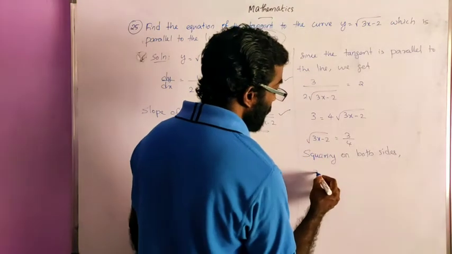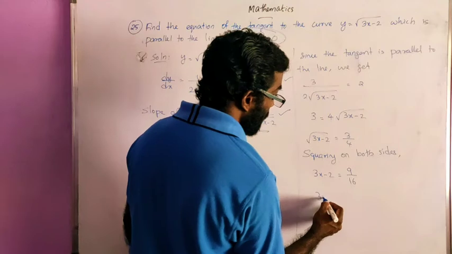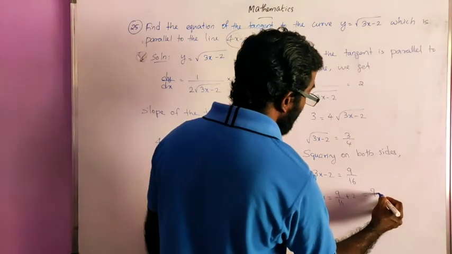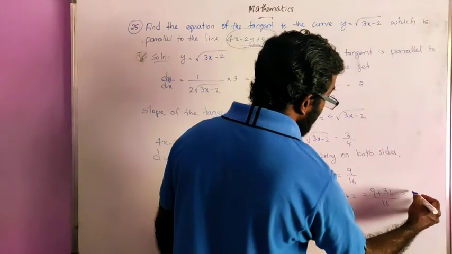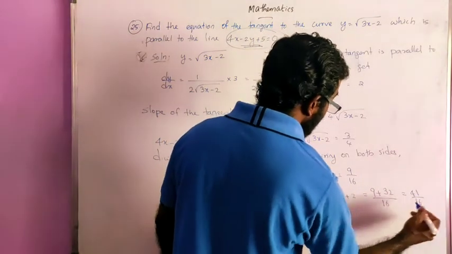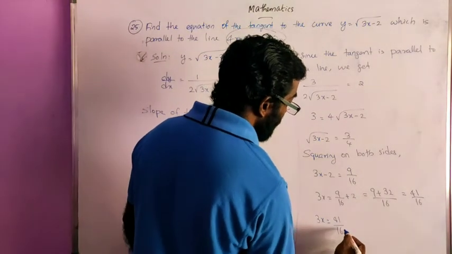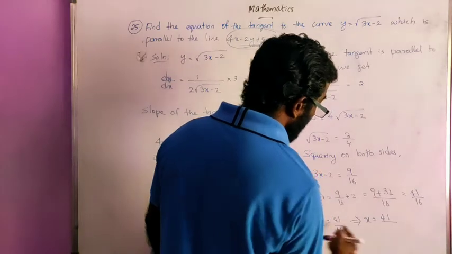On squaring we get 3x minus 2 is equal to 9 by 16, or 3x is equal to 9 by 16 plus 2, which is equal to 9 plus 32 divided by 16, which is equal to 41 by 16.